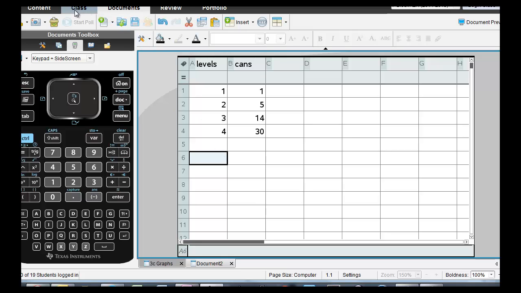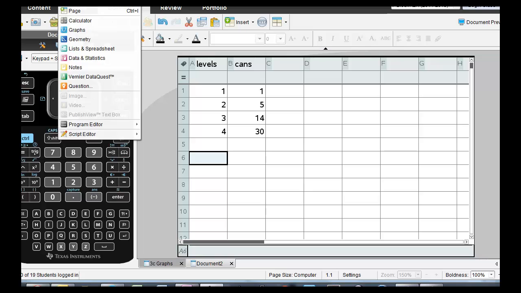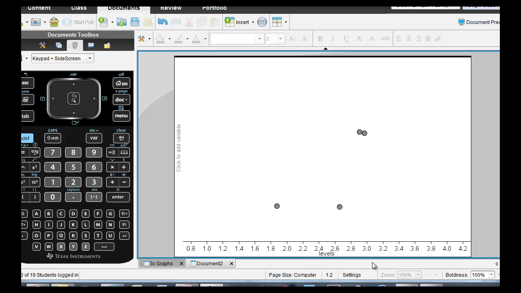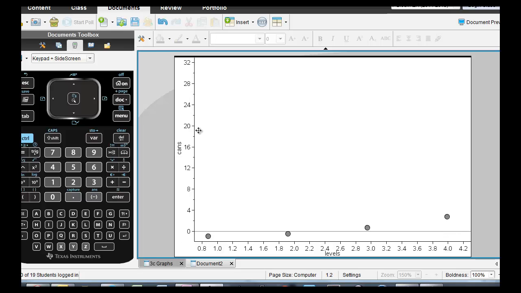I'll go into a data and statistics page. For my independent variable, I'm going to pick the number of levels, and for my dependent variable, I'm going to pick the number of cans. Now I see some sort of pattern.